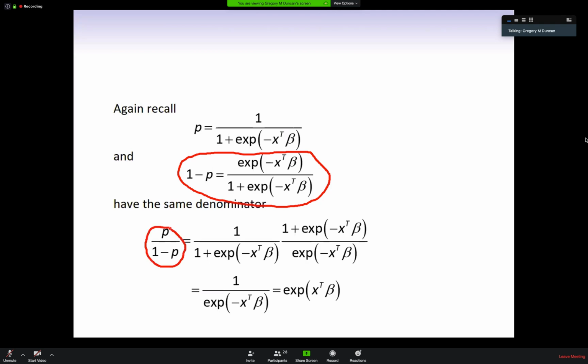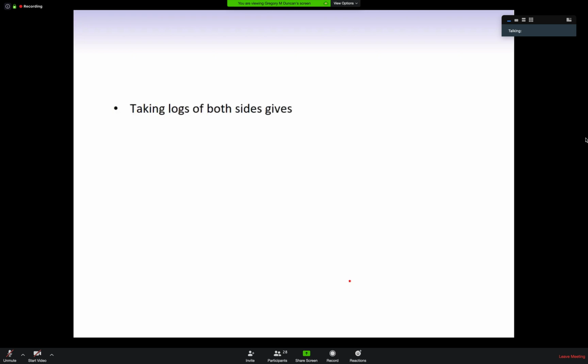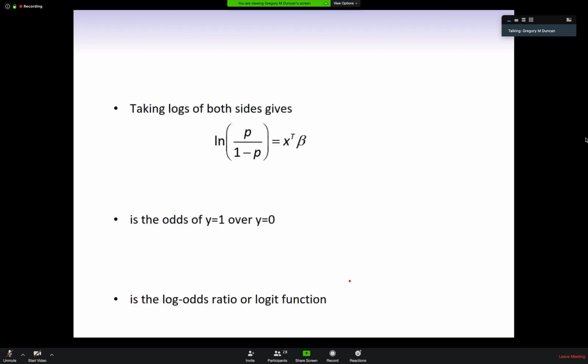So take P over 1 minus P, divide them through, and lo and behold, you get this. Take the log of both sides, and it gives you that.